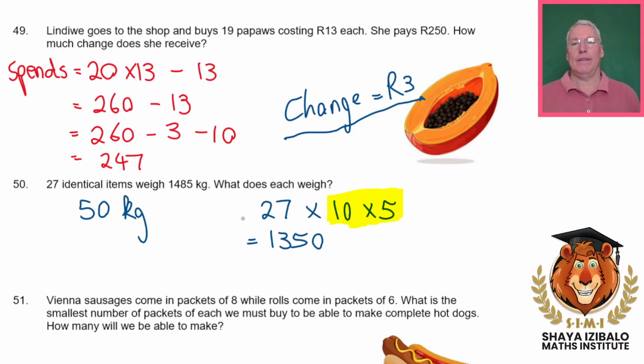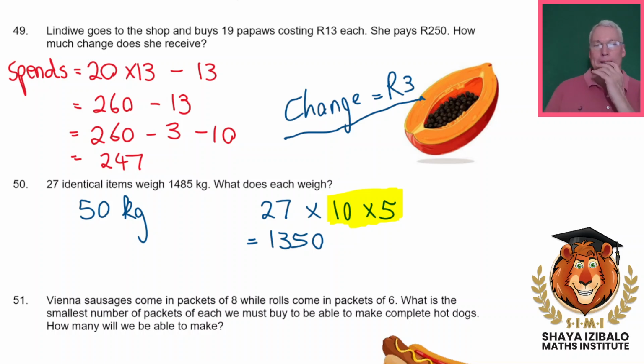Let's see how we could share 135 by 27. So now this is a much simpler thing. What times 27will give us 135? We're doing 27 into 135.